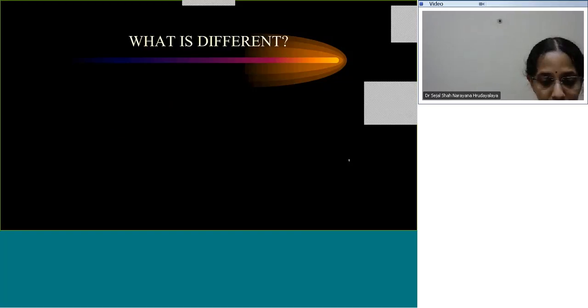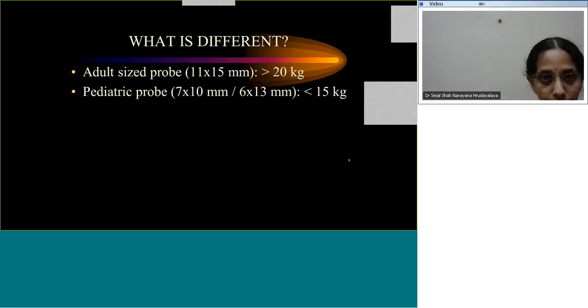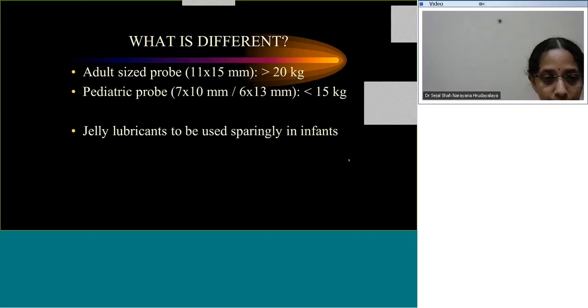Now what is different? Is transesophageal echo different in children compared to adults? Apart from the consideration of the size of the probes, whether we would consider a pediatric probe or an adult-sized probe, the most important is that if you're using a jelly instead of a spray, we should not use it in an excessive amount. Do not force the probe.